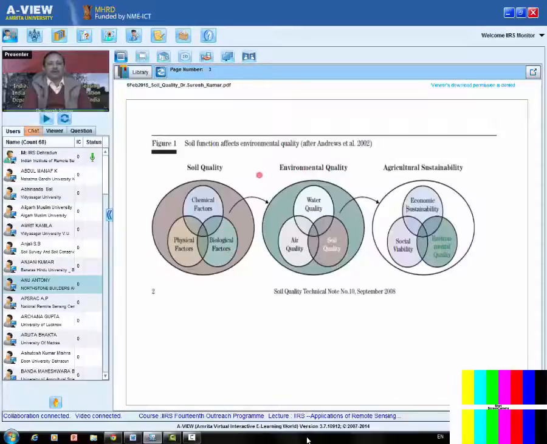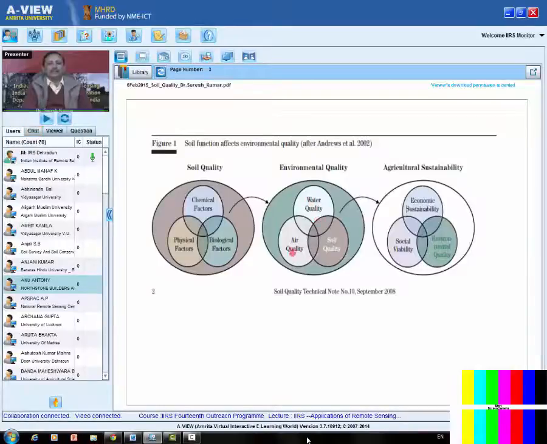So these factors affect the environment quality. Soil quality is related to our environment quality, affecting directly and indirectly water quality, air quality and soil quality. In water quality, it purifies water for us.